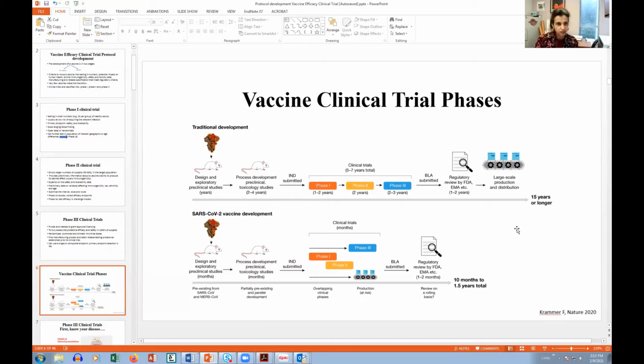So 15 years is not out of the range of the expected, but in a pandemic as deadly as the one we are facing, time is of the essence. And the only way that the timeline can be shortened is if some of these steps can be done in parallel. And that's precisely what happened.